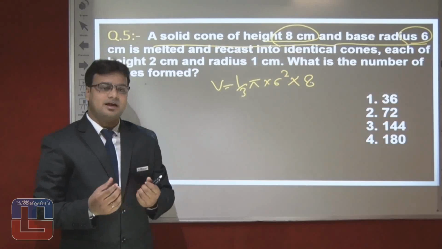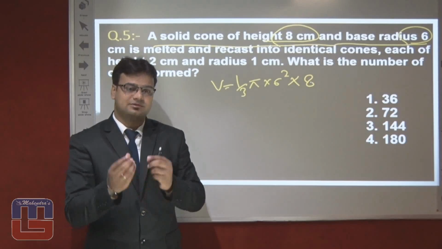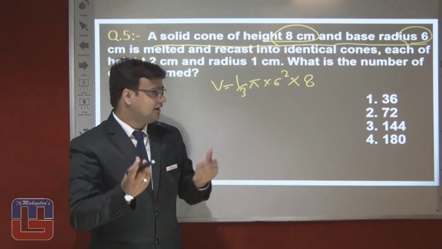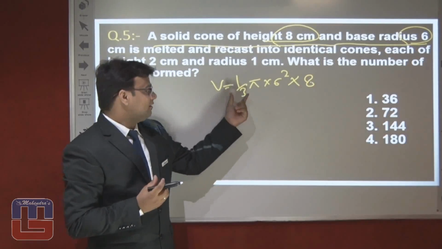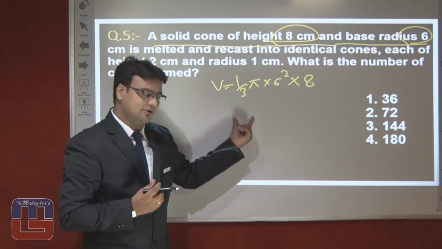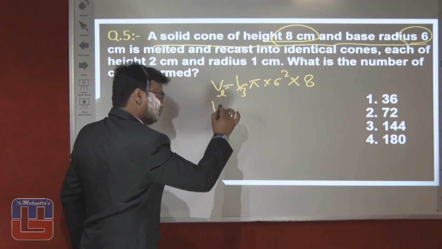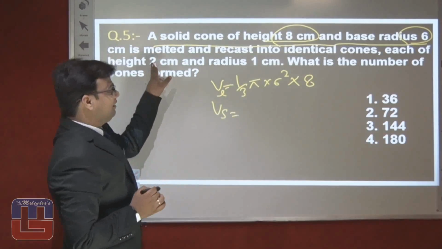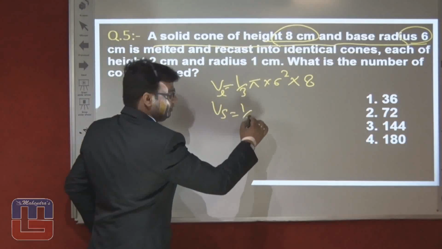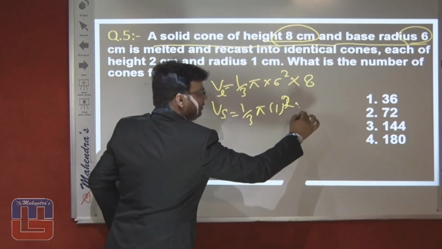It is melted and made into small cones. We require the number of cones. We divide the volume of the larger cone by the smaller cone. The smaller cone has radius 1 and height 2, that is 1/3 pi 1 square into 2.